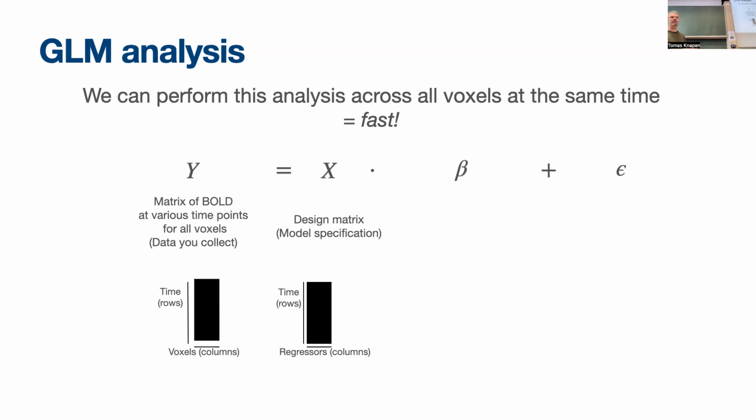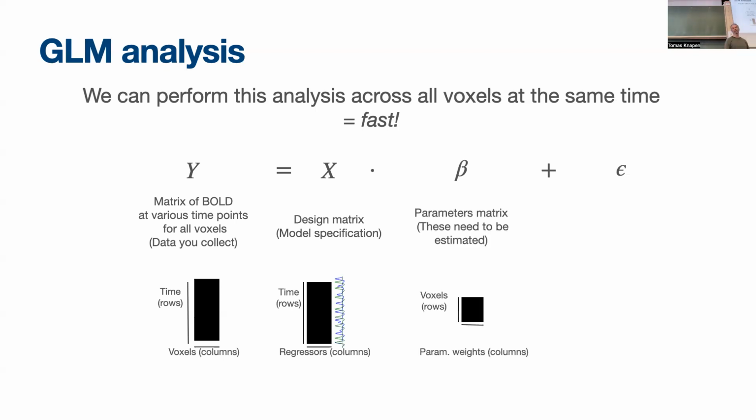So, an important concept here: the design matrix, and we always refer to it as X. These are the regressors that we've been talking about. That's what's in X. Now, what we want to find here is the betas. What comes out of this analysis?